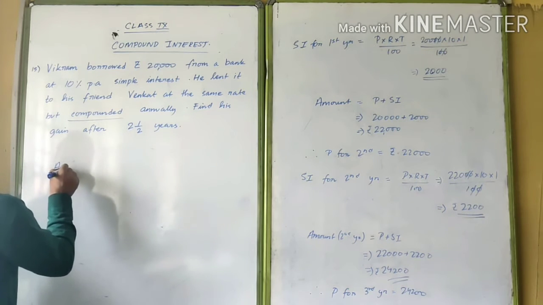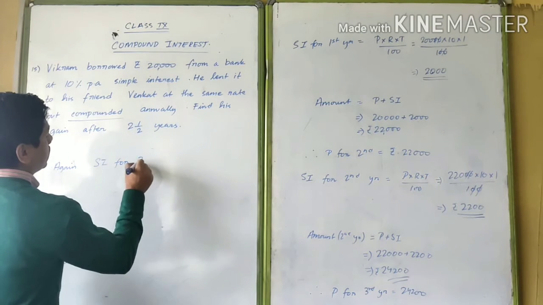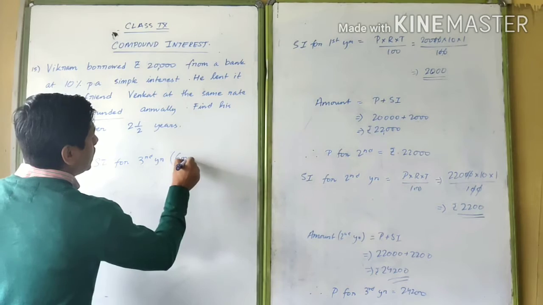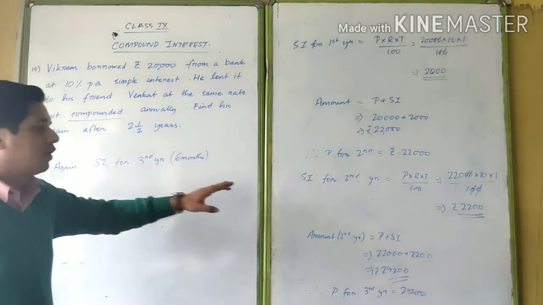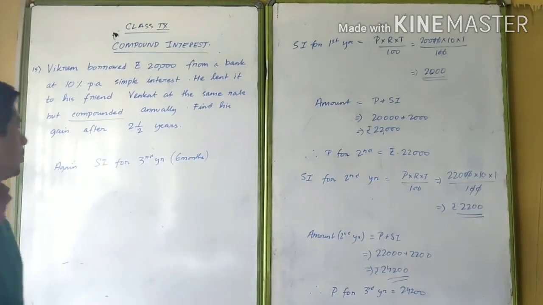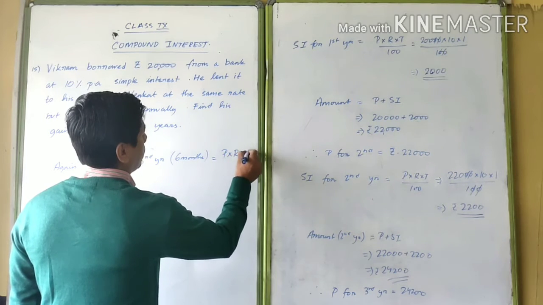Again, SI for the third year, but we have to calculate for only 6 months because we have to find the CI for 2.5 years. We have already found it for 2 years, now for 6 more months. The formula is again the same, P into R into T by 100.